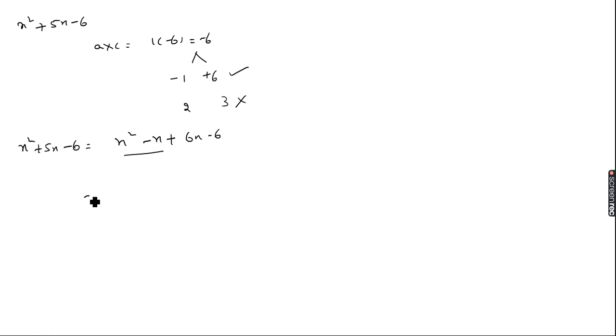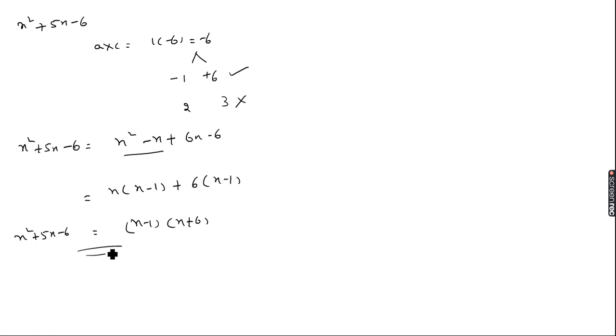We take the common element: x into (x minus 1) plus 6 into (x minus 1). So the common element is x minus 1, giving x minus 1 into x plus 6. Therefore, x square plus 5x minus 6 can be written as (x minus 1) into (x plus 6).